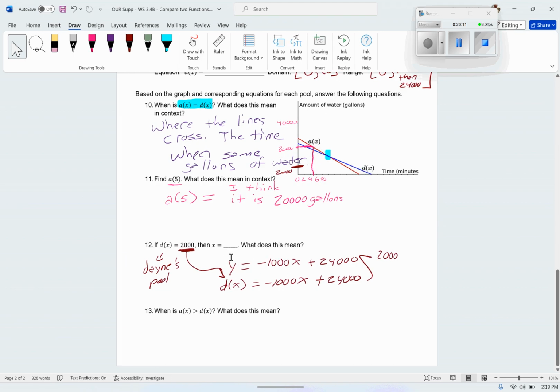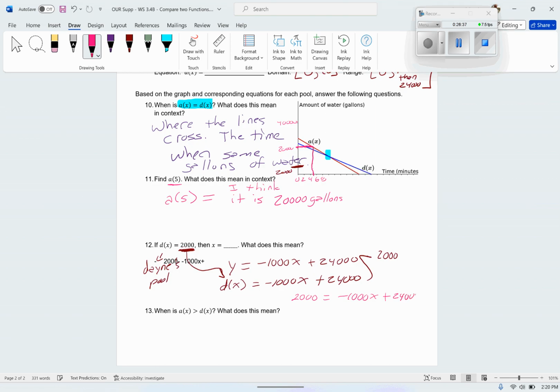Nope, I can't do that. All right, so I'm going to take it over here. I'm going to say 2,000 equals negative 1,000x plus 24,000. Oh, why is it going away? Because I chose the wrong pen.